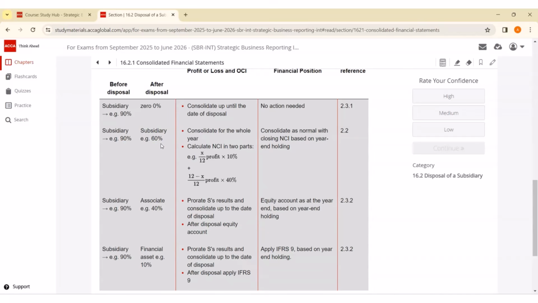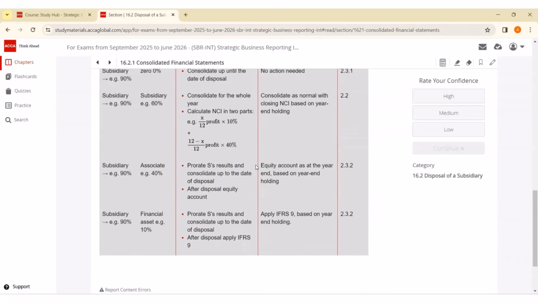Initially, it was 10% and later on it became 40%. At the reporting date, the consolidated statement of financial position is also going to show consolidation, but only the NCI calculation is going to be done as per the changes which happened during the year.